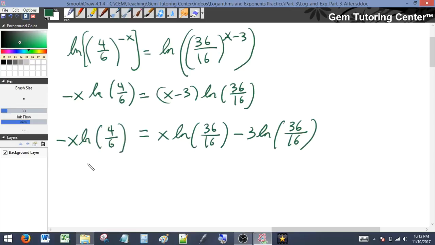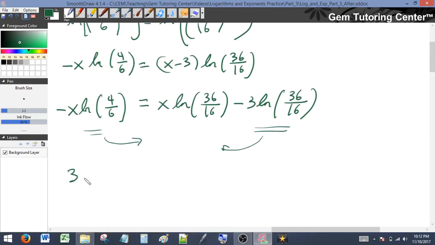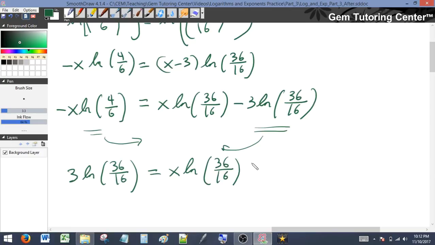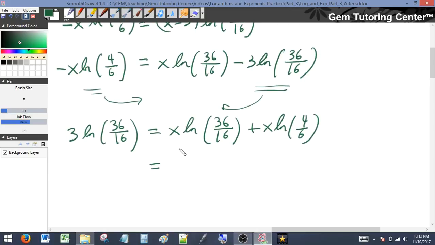So we're going to move this term on the left to the right, and move this constant term over to the left. So that's going to look like this. We're going to have 3 ln 36 over 16 equals x times ln 36 over 16 plus x times ln 4 over 6. And we can factor out the x.